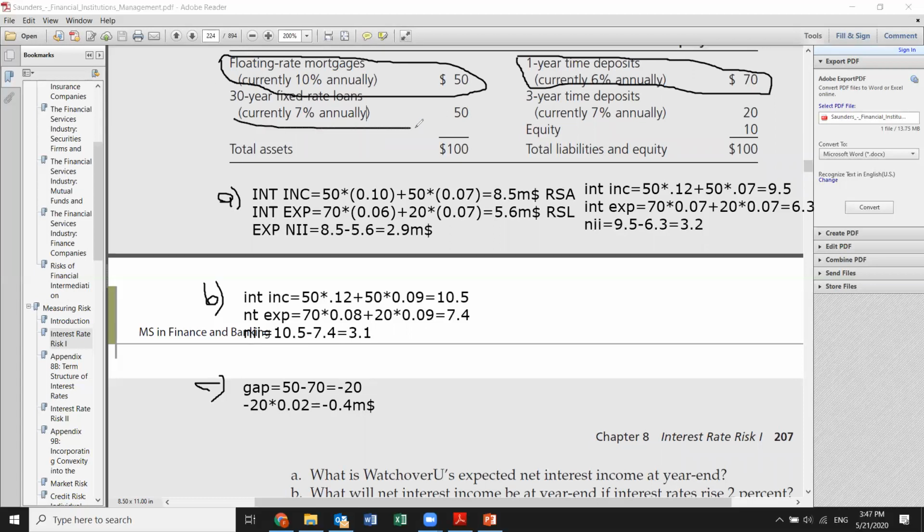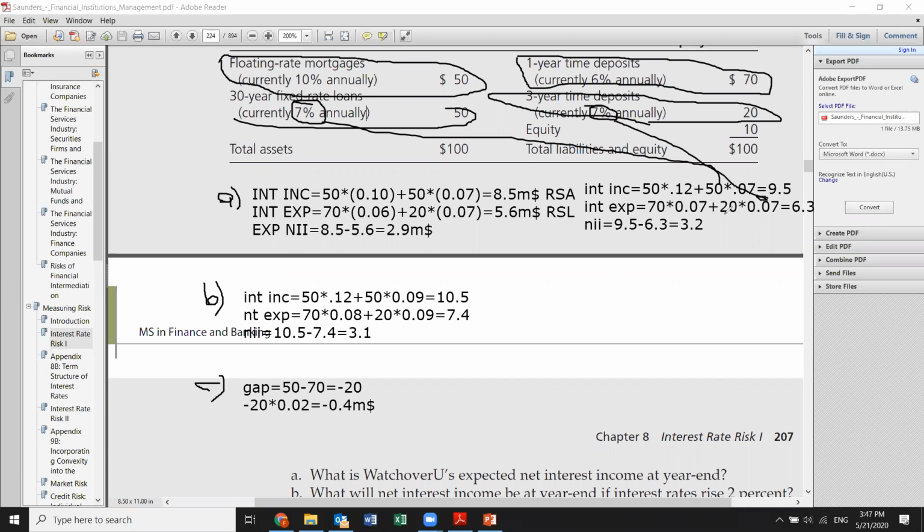That means this and this will be the same, 7% here and 7% in here. So 20 and this 50 are fixed, more than 1 year, and they are not rate sensitive assets or rate sensitive liabilities. That's why an increase in interest rate affects only this part.